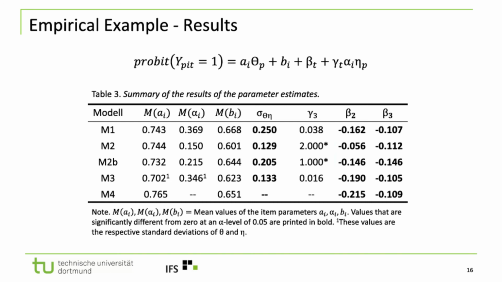If you look at the correlation between the person factors, they are positive in all models, with the highest amount for model M1. This is the model with the highest flexibility regarding the loading structure. Finally, considering all parameter estimates together, we find that model M2b seems not so dissimilar to model M1.